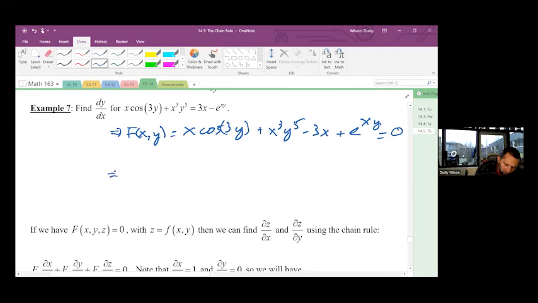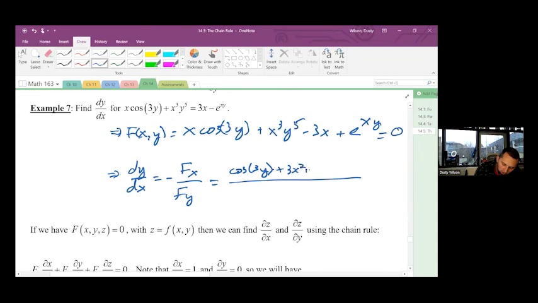And then it tells us that dy/dx is going to equal negative big Fx divided by big Fy, which would be the partial derivative with respect to x, cosine of 3y plus 3x squared y to the fifth minus 3 plus y e to the xy. And there's a minus sign out front.